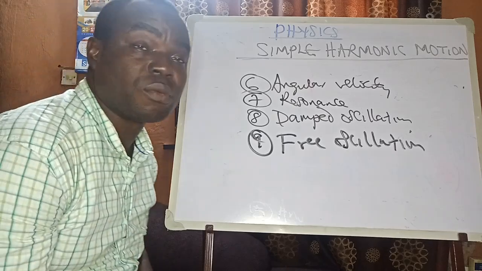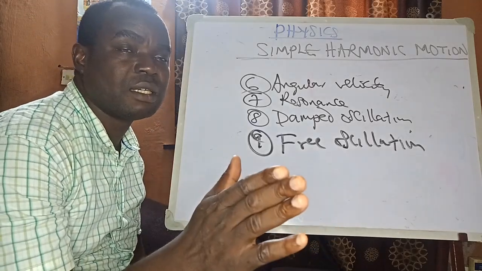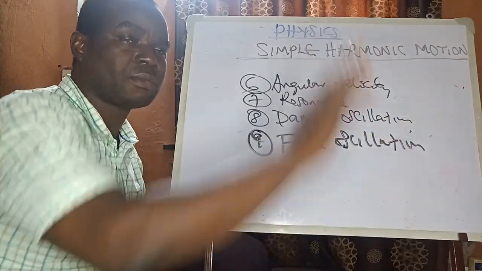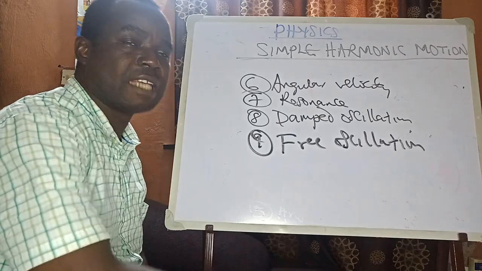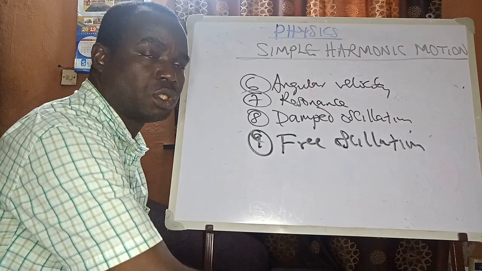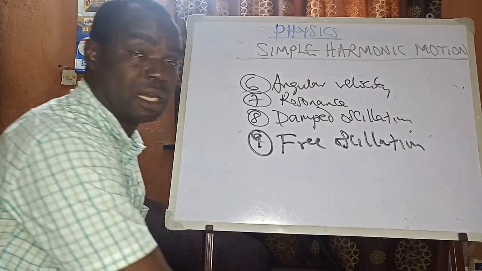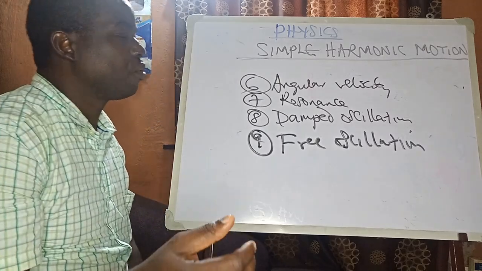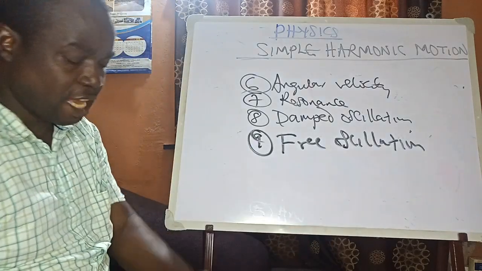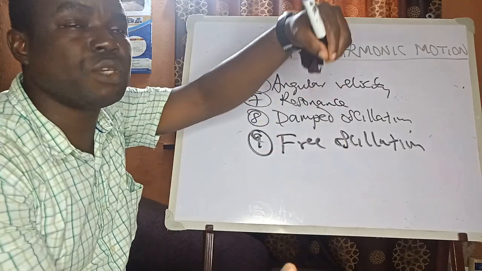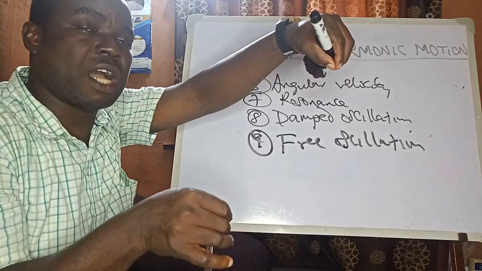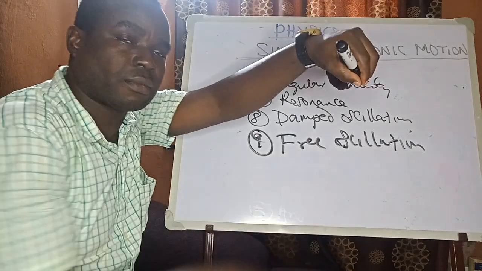Now, damped oscillation. If you set a ball to bounce, the ball will bounce on its own, and then as it's bouncing, the height of the rebounding continues decreasing until the ball finally returns to the ground. Am I correct? Now, a simple pendulum is like when you get a stone, tie it to the end of a rope, then suspend it and allow it to begin to do like this.